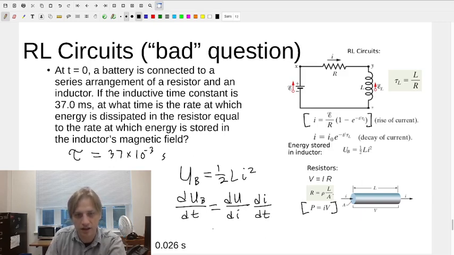Okay, so I'm using my chain rule there, and so this dU/dt, I would have to write this as L times i, so that's my derivative with respect to i, times di/dt.